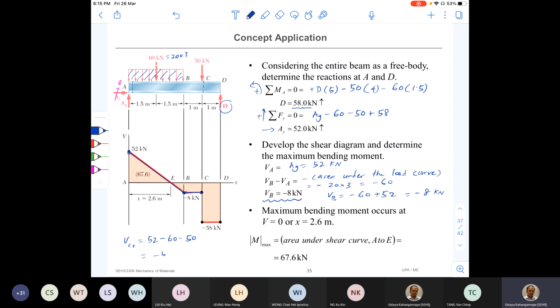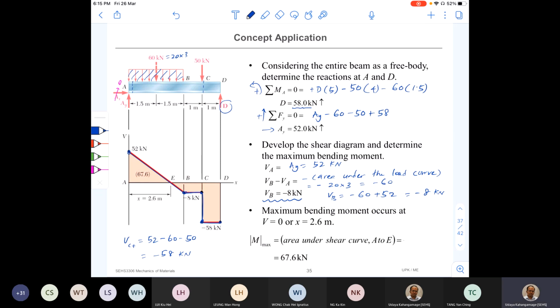So that means negative 58 kilonewton. So that is how I got this point, right? So shear force suddenly becomes negative 58, and from C up to just before D, no other forces. Therefore, same shear force. So this is the shear force diagram.